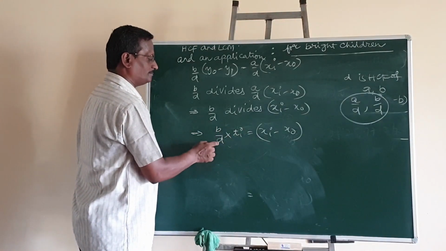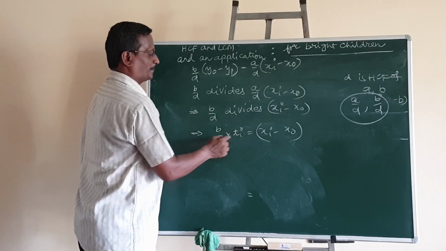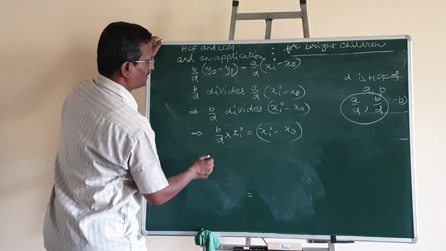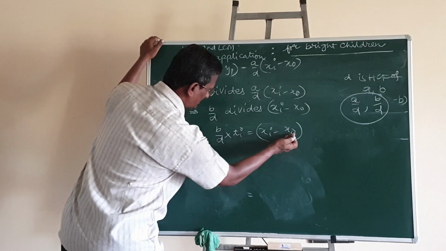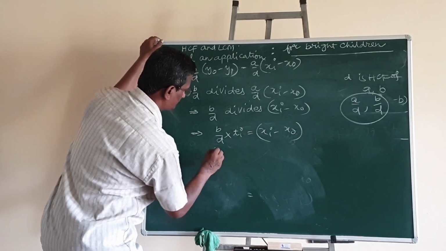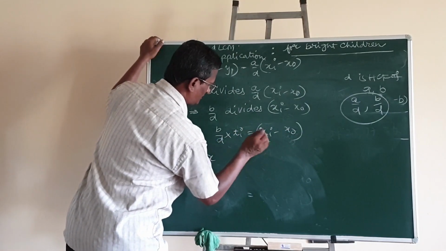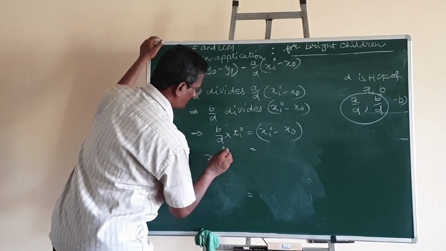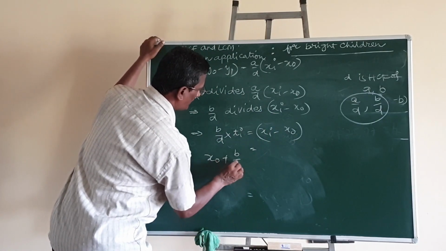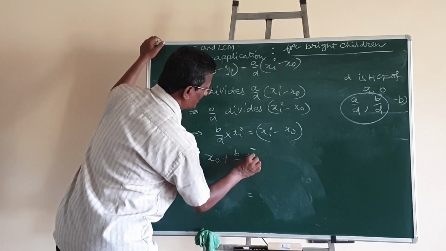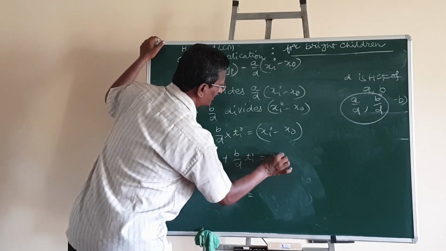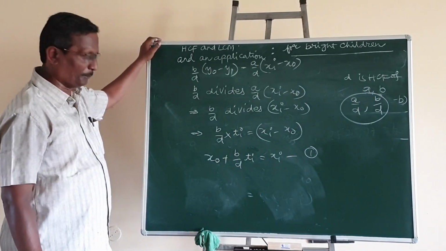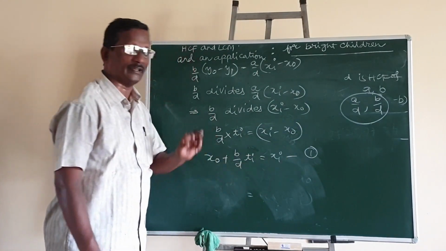The factor multiplied by an integer, the product is equal to this one. Now, on transformation, xi, if you bring this side, let us keep this x0, you bring, minus x0 comes and becomes a plus x0. b by d into ti plus x0 is equal to xi. This is 1. Hope you have understood. The value of xi has come.